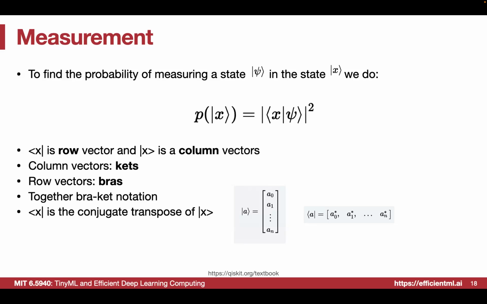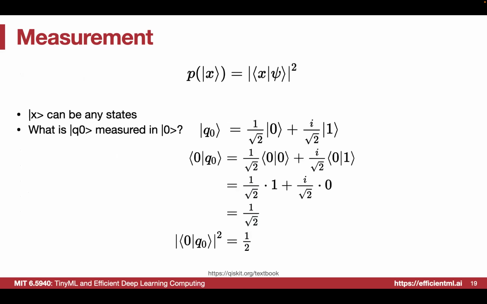We represent the state as the column vector, and we also have the row vector, so together we have this bracket notation, and then we do this computation to obtain the probability that we measure the system as 1 or 0.